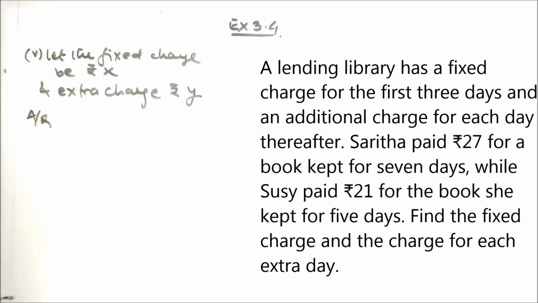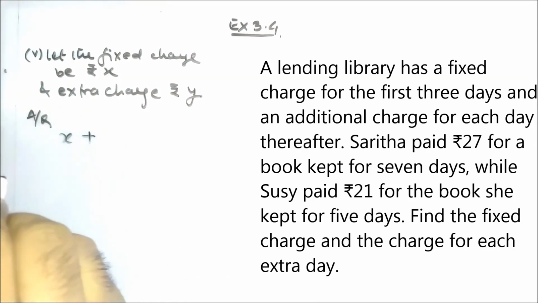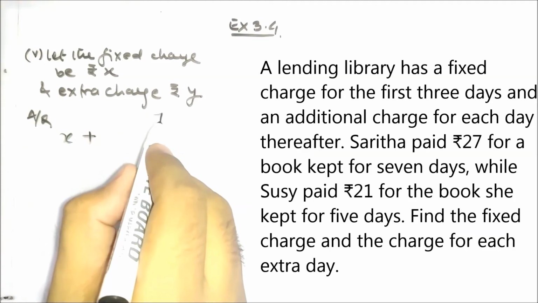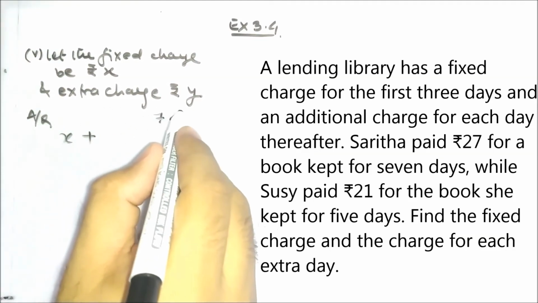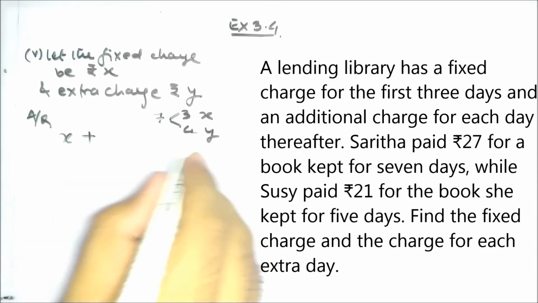So that 27 rupees will be a fixed charge, that is for 3 days, plus per day charge for 4 days, because she rented it for 7 days. So for 3 days the fixed charge will be applied, and for 4 days the per day charge will be applied.